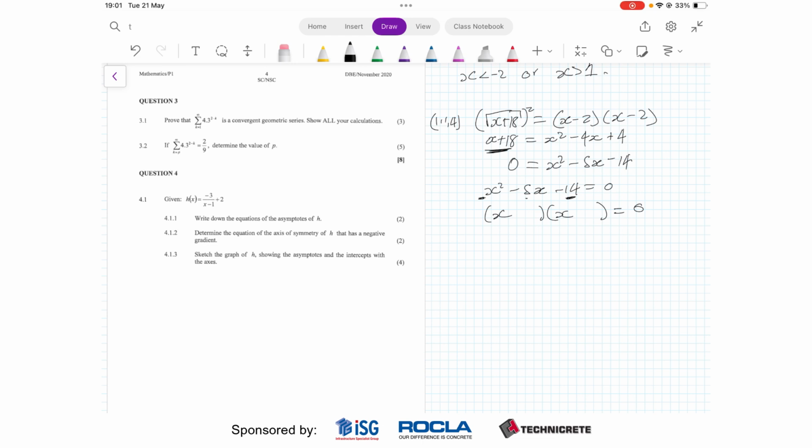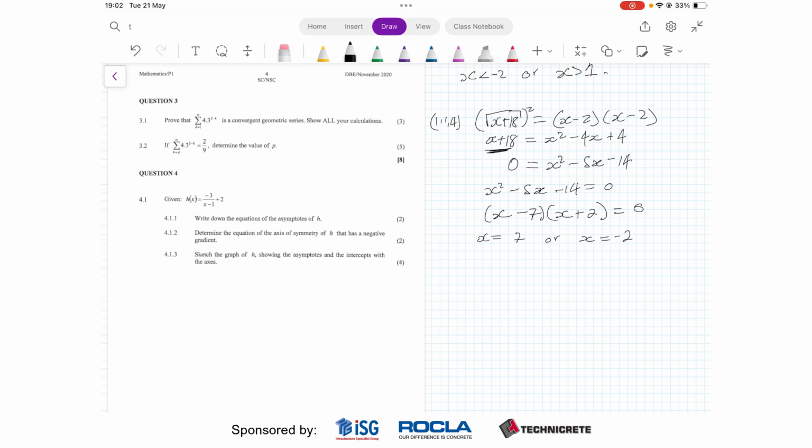So we're going to have x minus 7 on one side and x plus 2 on the other side, because our middle term is negative. So since our middle term is negative, we have the bigger number being negative. But then our final answer will thus be x equals 7, or x equals minus 2.